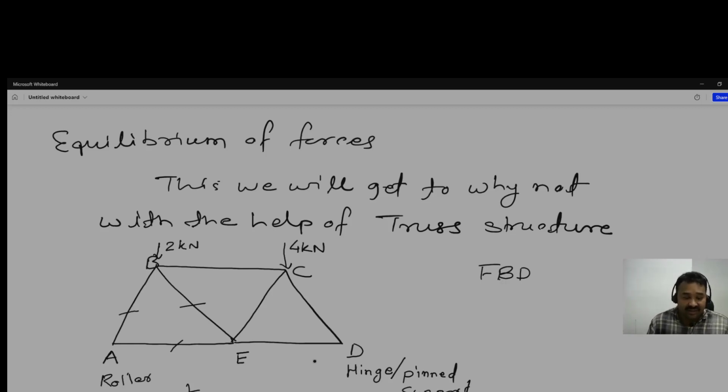So here, if you remove the roller support, the force which replaces the roller support is here. This is the vertical force, and here it will act at the joint A. The name RA.